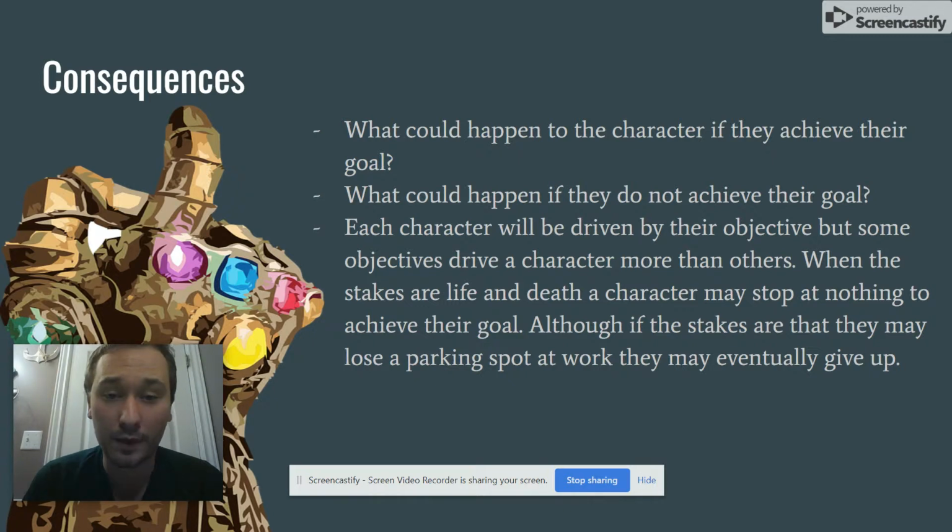For example, when the stakes are life and death, a character may stop at nothing to achieve their goal. Although, if the stakes are that they may lose a parking spot at work, they may eventually give up, depending on other circumstances. Although, if you're watching The Office, they might fight tooth and nail to get that parking spot. It just kind of depends on the circumstances.